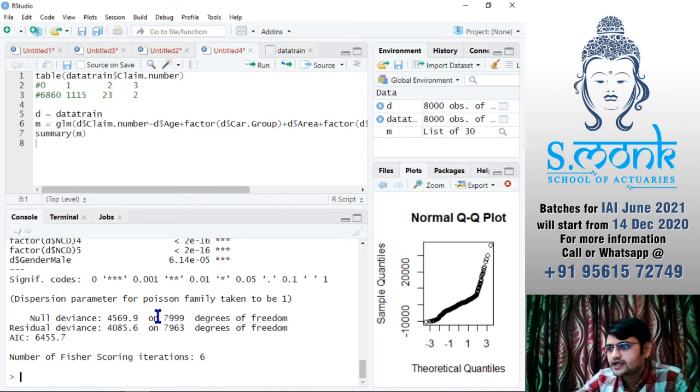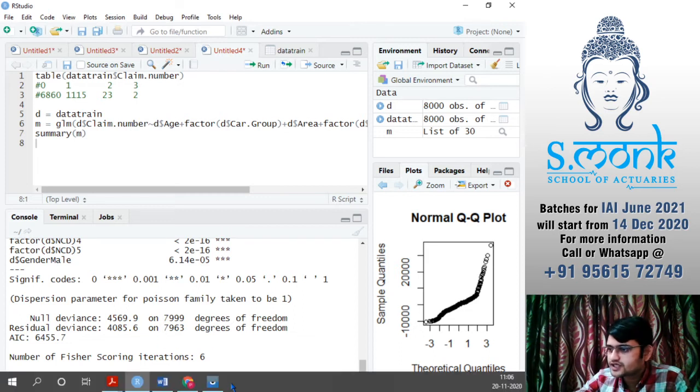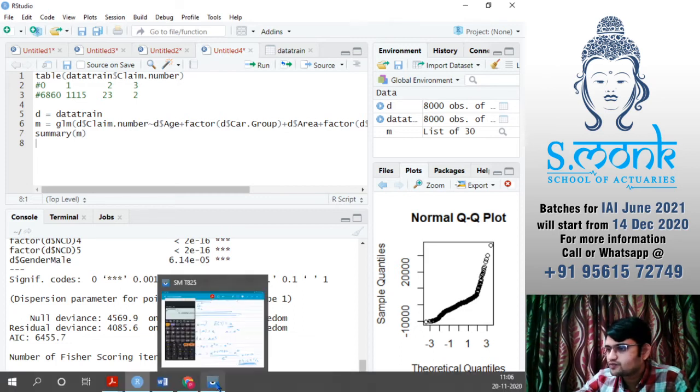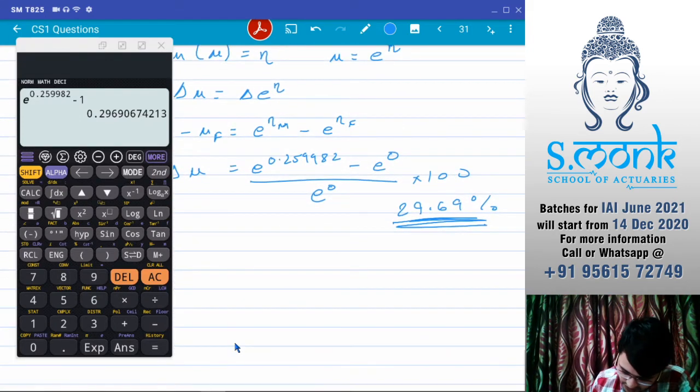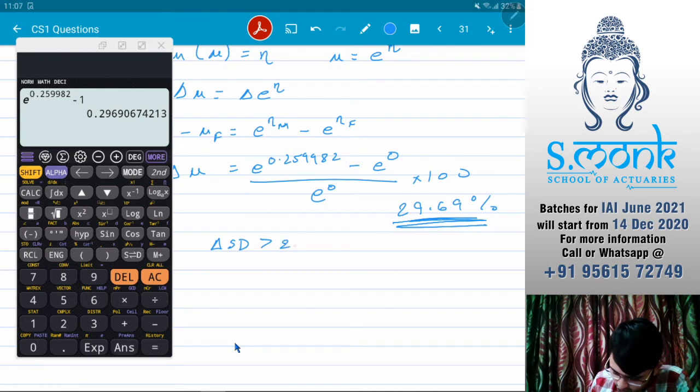You can directly calculate it using the chi-square distribution, or you can say that if the change in scaled deviance is more than 2 times the change in degrees of freedom, then model 2 is better than model 1.